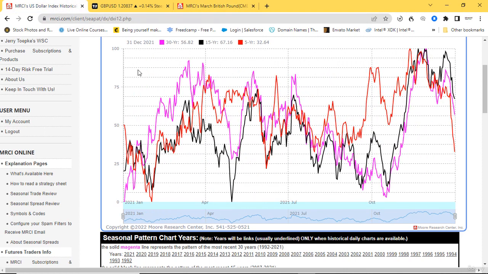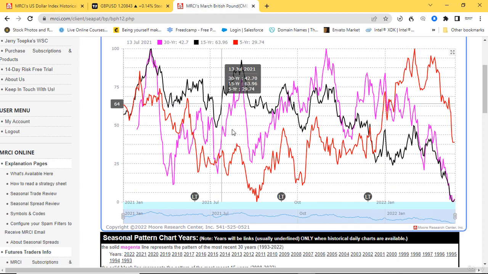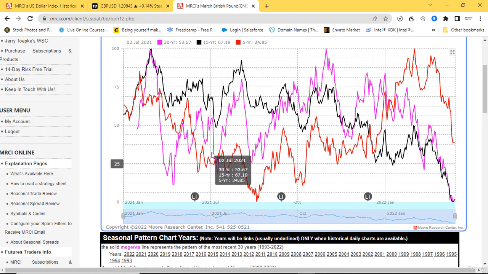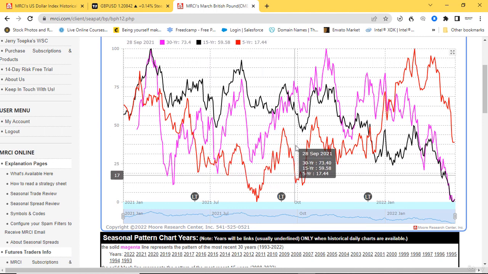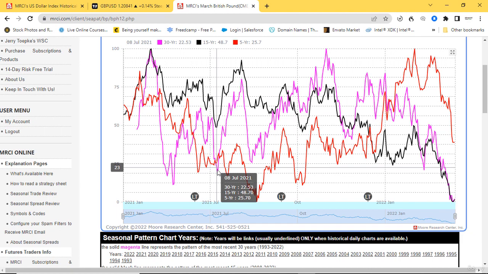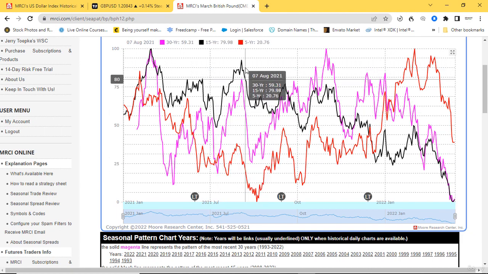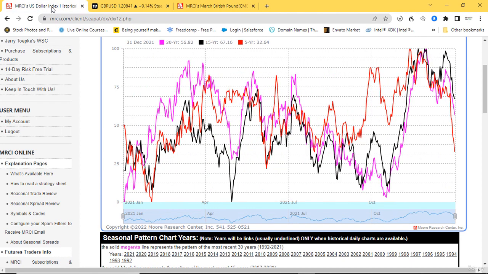That was Great Britain, that was US. Look at that. The dollar between here and here, and the British pound between here and here, right? July was a clear up. July here was a clear down.